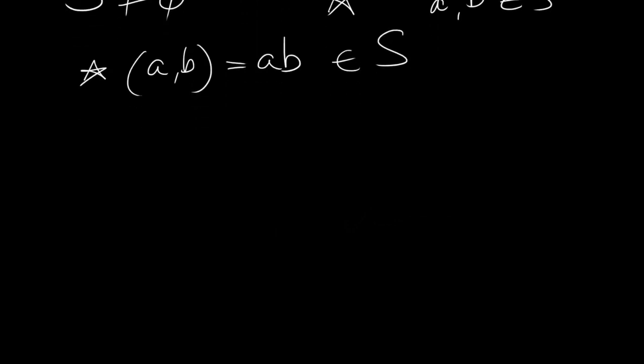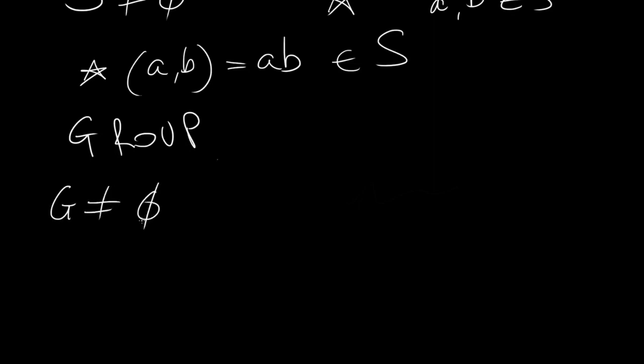So, a group. Let G be a non-empty set equipped with an operation, a binary operation, which we call a star, and on G this operation preserves the closure property.